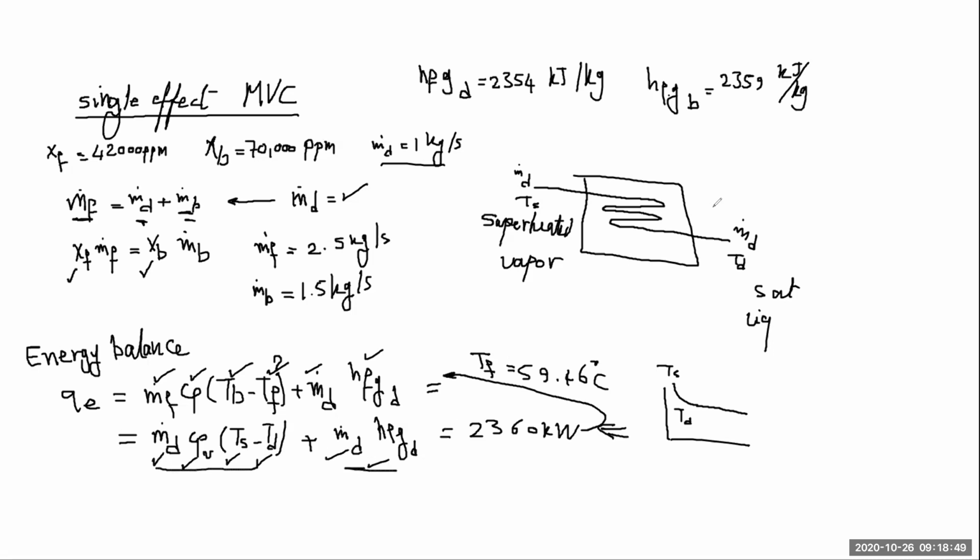Sensible cooling and then condensation. On the other hand, we have feed, which is coming here, that is going first to be heated sensibly from T feed to TB, and then after that, part of it will evaporate and the rest is going to be heated up and rejected at a temperature TB.